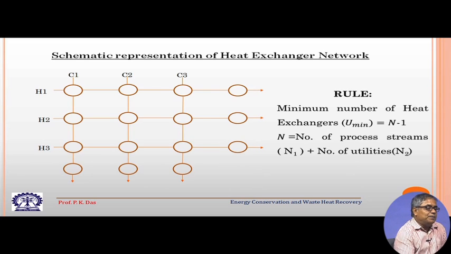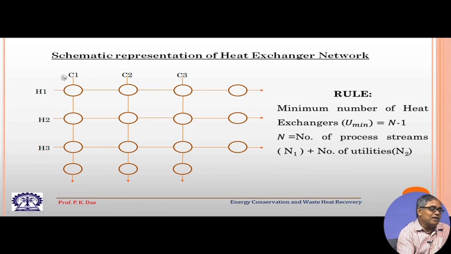The schematic representation of heat exchanger network is like this. Let us say we have a number of cold streams, that means the streams which have a low supply temperature and which are to be heated to some different temperatures at the end, and we have a number of hot streams, whose supply temperatures are high, but they are to be cooled ultimately to some low temperature.